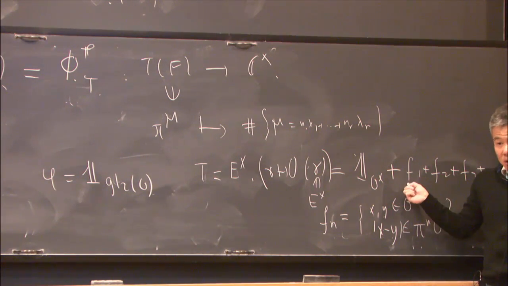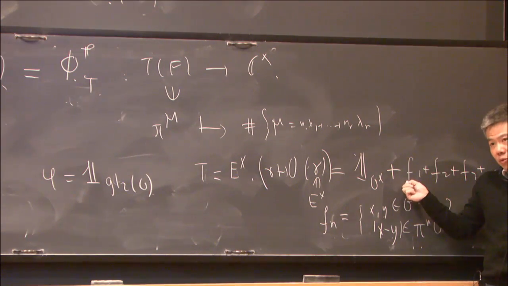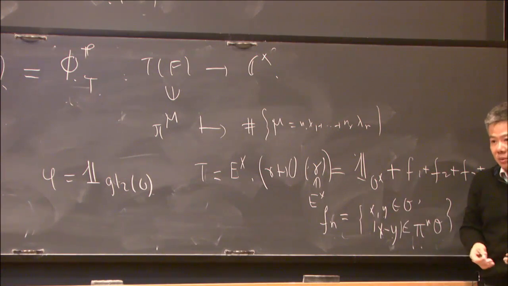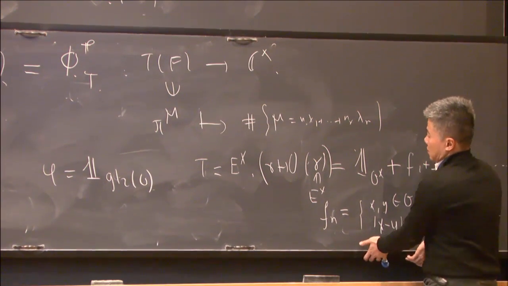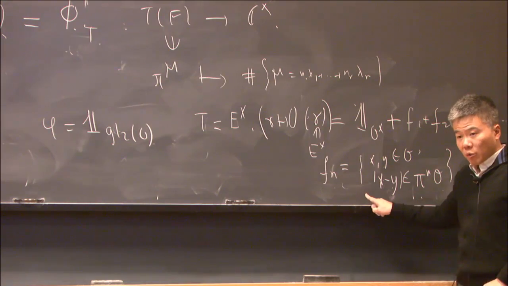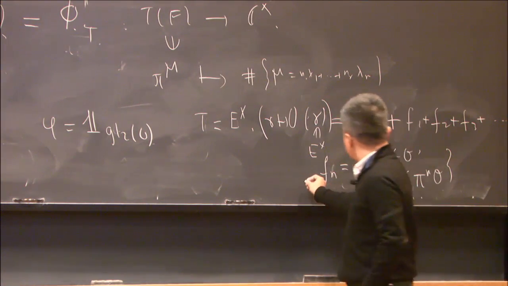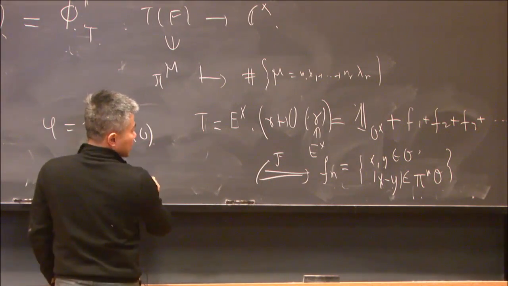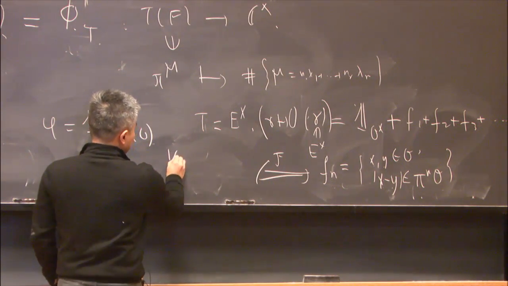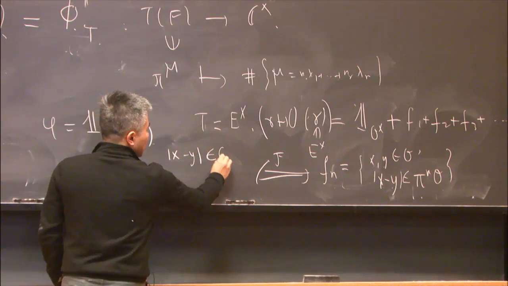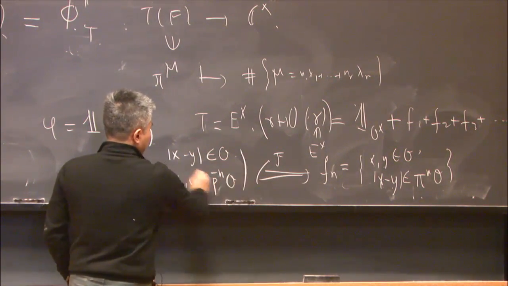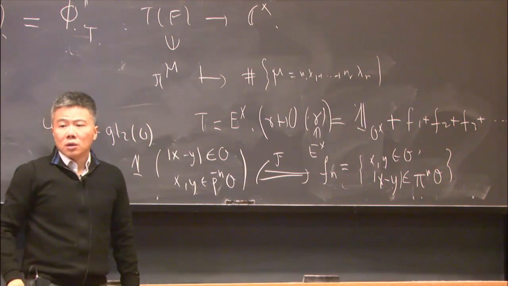And this function is not autodual, right? Because it is compactly supported but not smooth. When you do the Fourier transform, you have something that is no longer compactly supported but smooth. But the point is that if you do the Fourier transform of this, you get, if I'm not mistaken, x minus y in O, but x and y in P to the minus n O. This function, right?